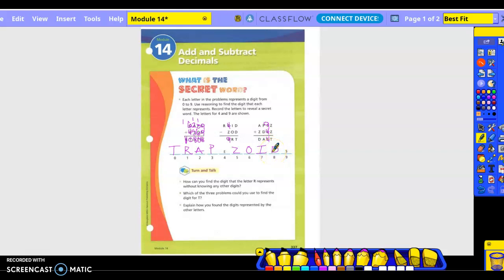Okay, so 7 we decided was I, right? 8 is D. And then does that work? 8 minus 8 is 0. Okay. 1 minus, oh, whoops, 6.